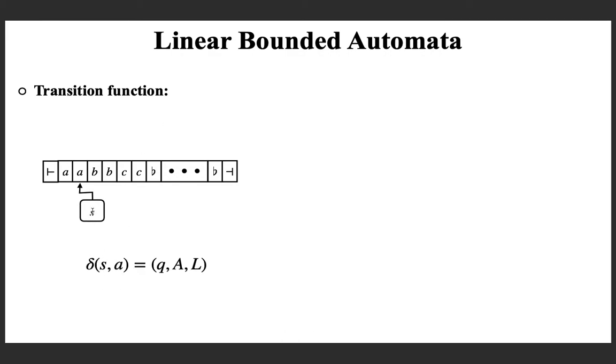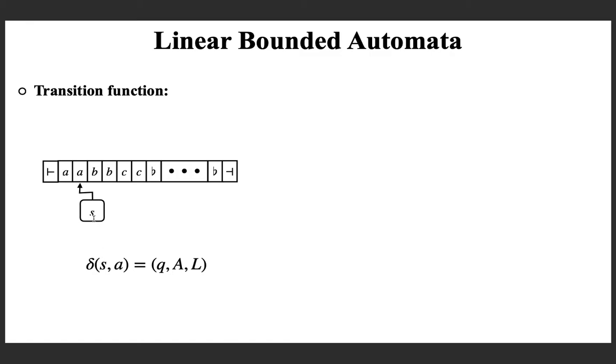Suppose you are in the state small s, and small a is the next symbol on the tape, and note that it may not be an input symbol, because during the computation you are allowed to replace an input symbol with some other symbol in the tape alphabet. So this need not always be an input symbol, it could be another symbol also.